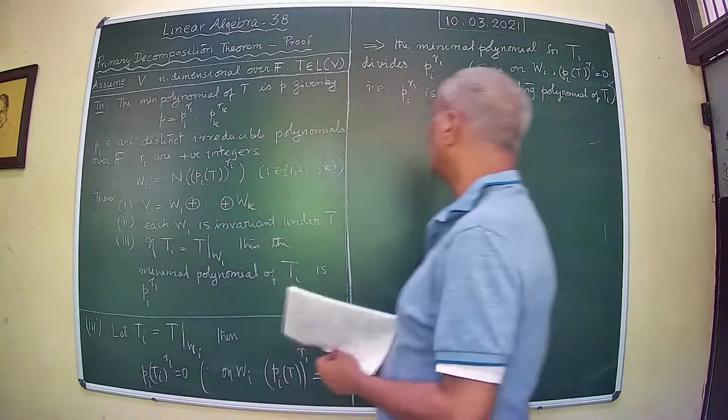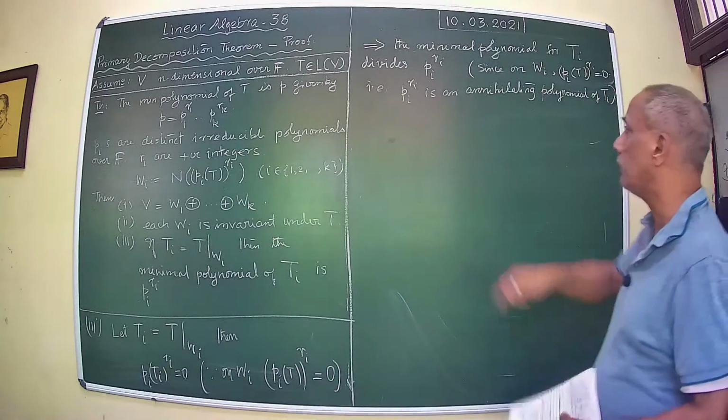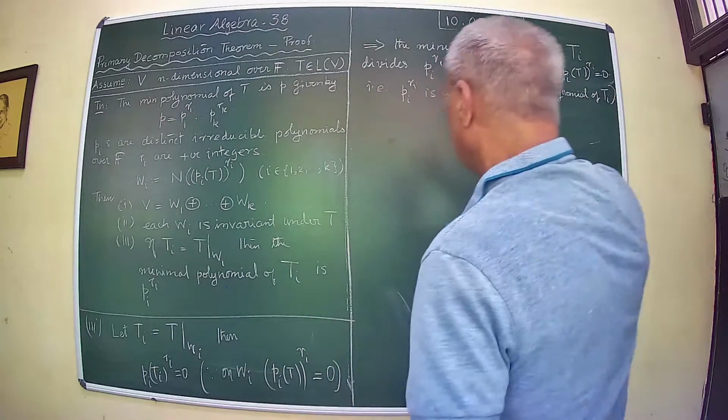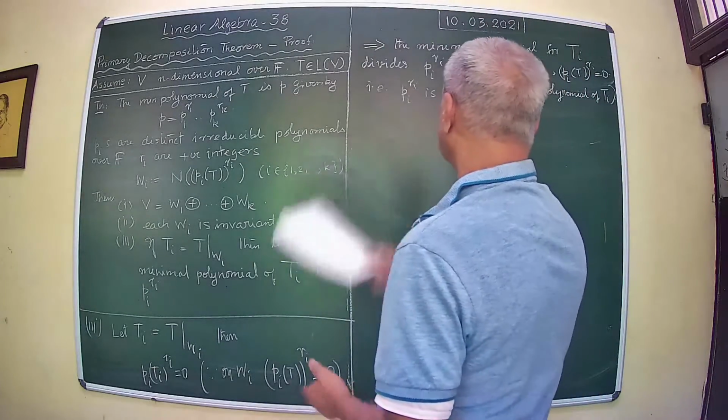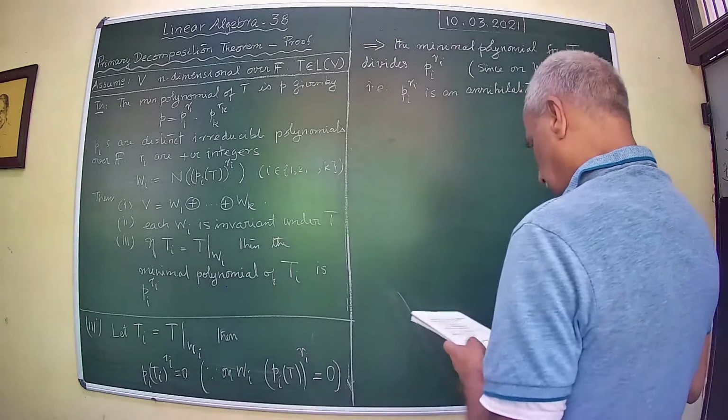Now we want to prove that essentially the minimal polynomial is this. At least we know that the minimal polynomial divides P_i to the power half.